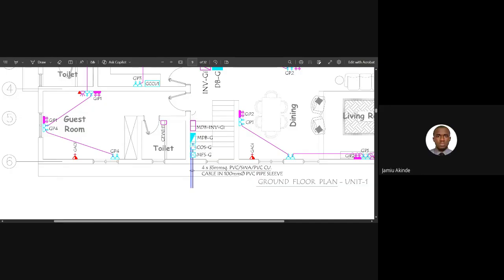I said, are you going to put 39 meters in your bill of quantity? Are we going to be dividing that value by 4? You are not dividing that value by 4. That's the total length. It is 4 core.